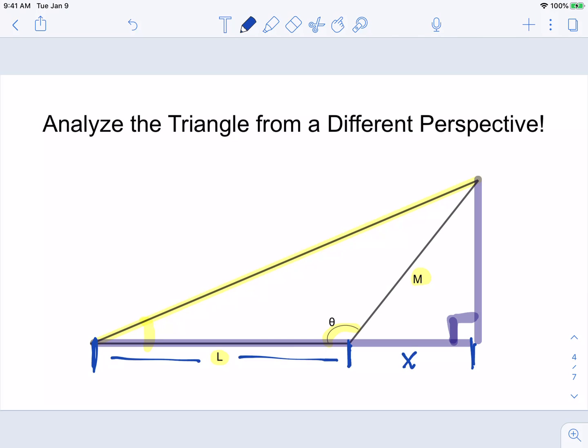I need to figure out what that is, because if I want to know the entire length of this horizontal line, I would have to add together the L value plus the x value, and it will give me that total length, that total big x component. Okay, so that's one thing I need. So let's start there. How could I figure out this x piece?